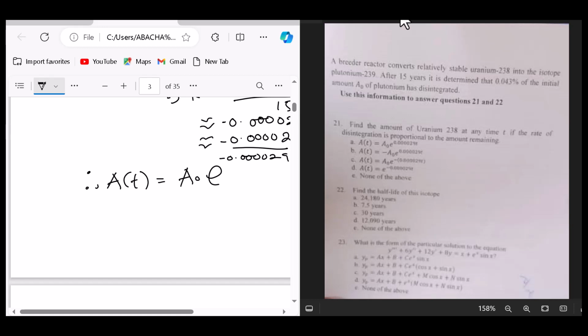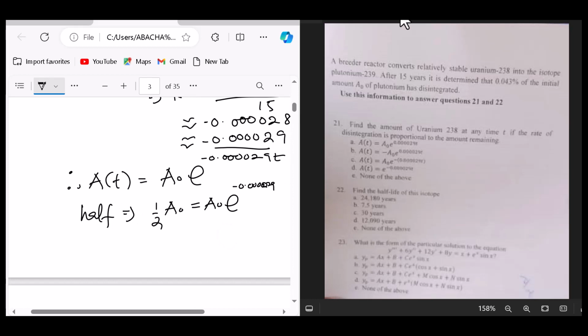So half the substance is A naught e power negative 0.000029 t.